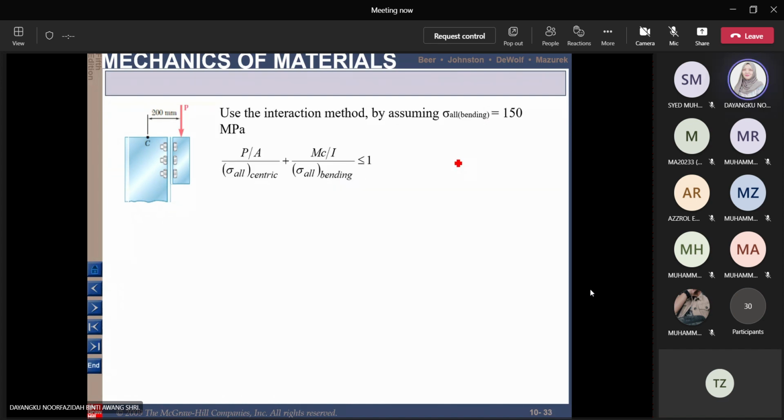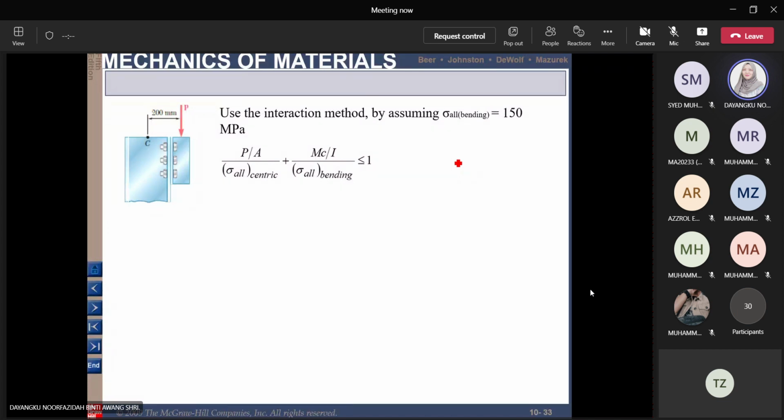Alright, so we can also still use the same example. But because you already solved for all the information there, if we use the interaction method, or if the question directly specifies to use the interaction method, then you need to use this equation here.